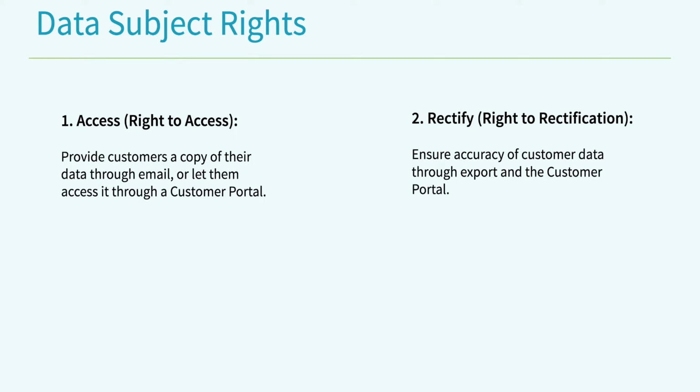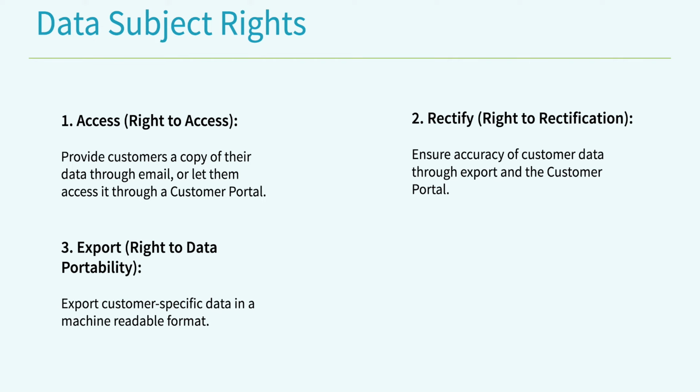You can export it and give it to your customer, and the customer can just key in or update a few records there and give it back to you. Then you can import it inside Zoho CRM and get the things done. So this is right to rectification, and we are providing that.